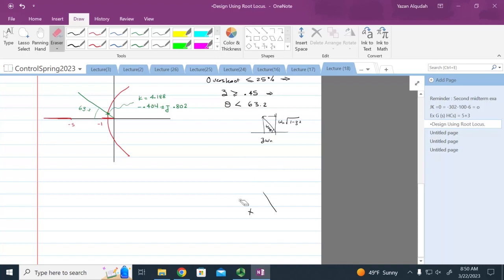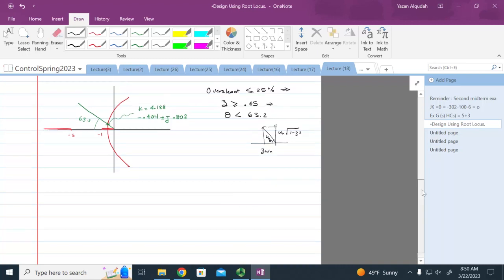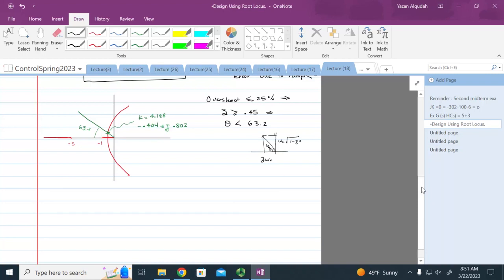So if I want zeta to be greater than 0.45, that's the same as saying I want the angle the poles make with the real axis to be less than 63 degrees. So I plot a line that makes 63 degrees. If I intersect with this point, what is the angle these points make? 63 degrees. And that means if I'm operating at this point, zeta is going to equal 0.45.